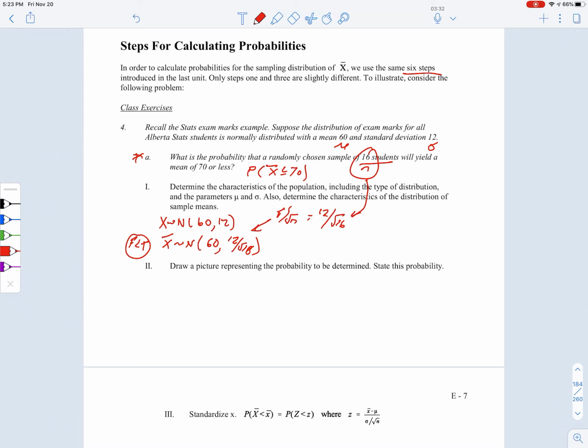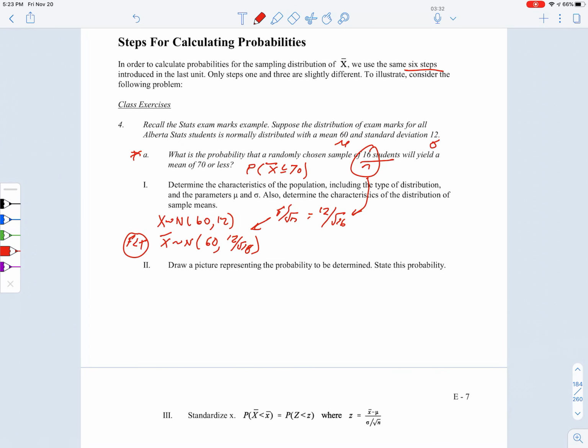Step two: draw a picture representing the probability to be determined. So let me draw a distribution here, like that. This is centered on 60. We're taking a look at the distribution of all possible X bars, and we're going to look at this probability here from 70 down.